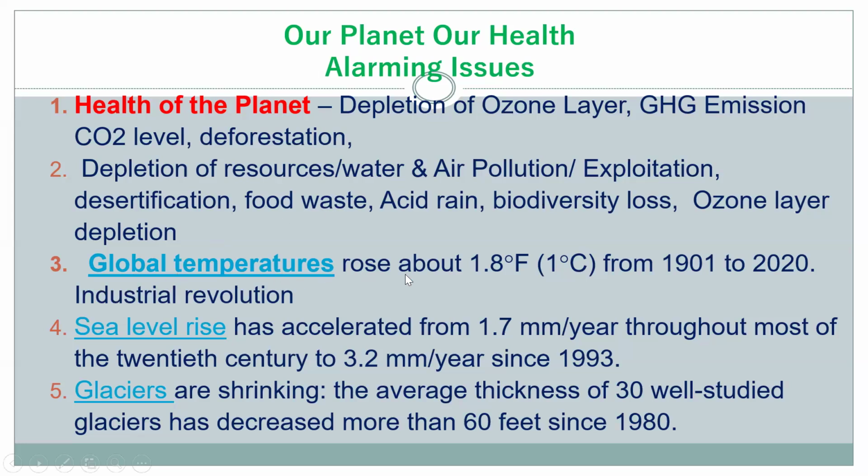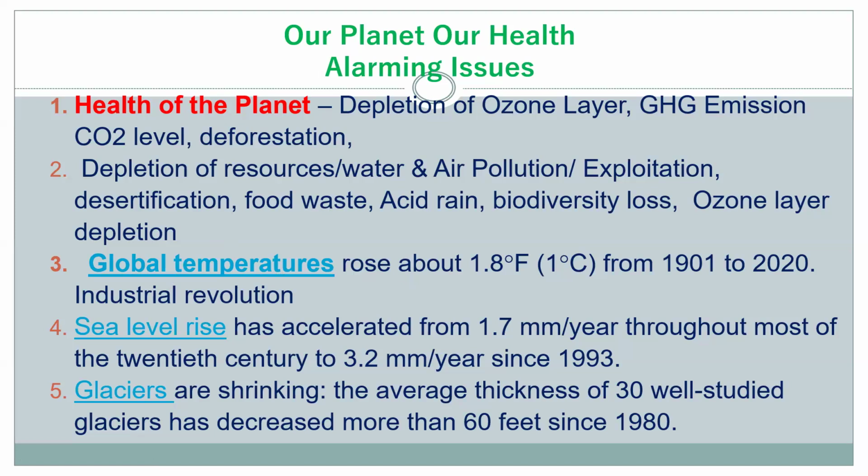Then global temperature rose about 1.8 Fahrenheit or 1 degree centigrade from 1901 to 2020. That is since the Industrial Revolution. So now we are in 2026, it has risen to more than 1 degree.